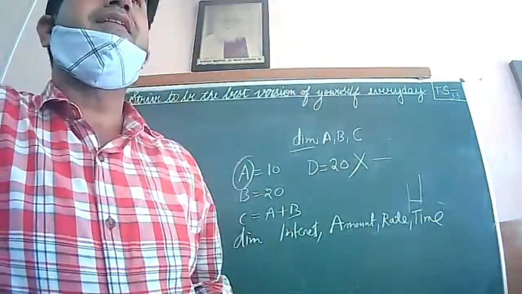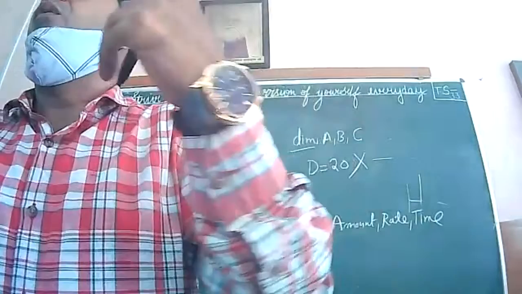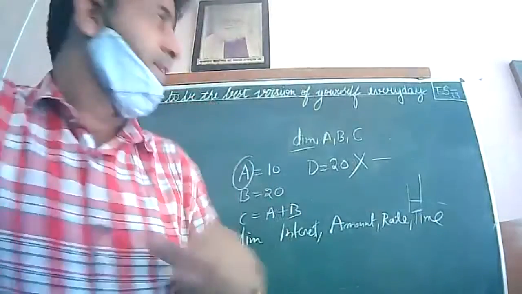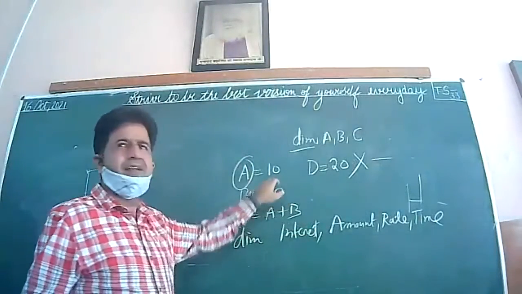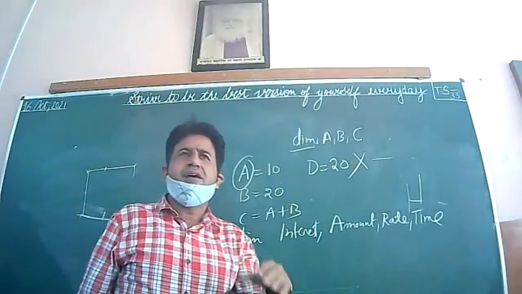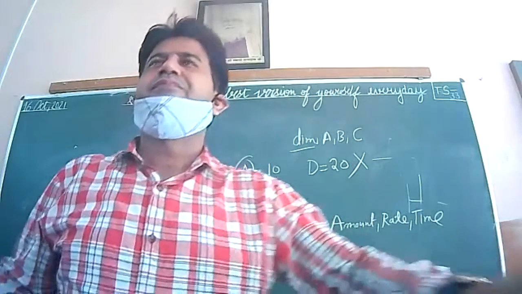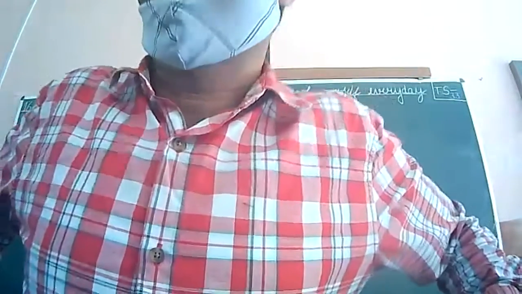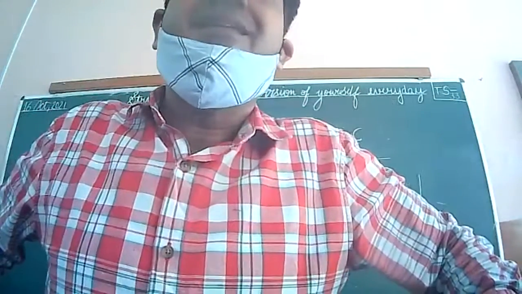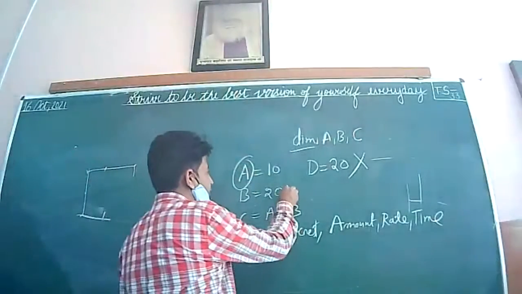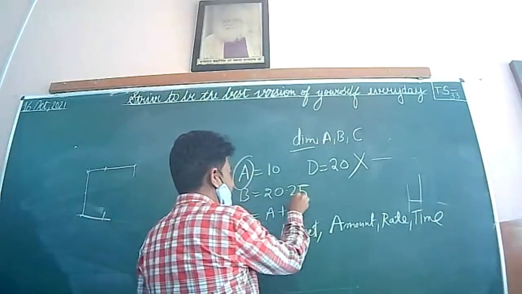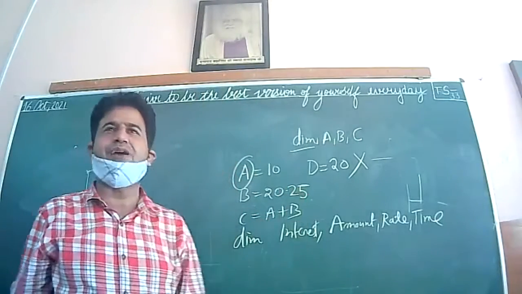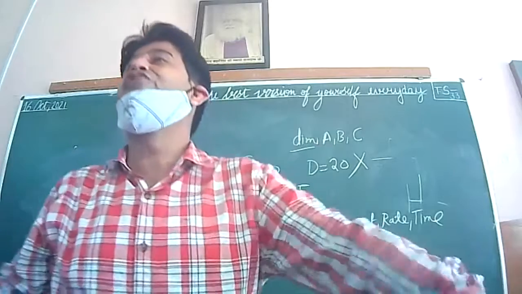These variables have data types. Tell me, 10 and 20, its data type? It is integer. Integer. If I am giving here 20.25, it is float.